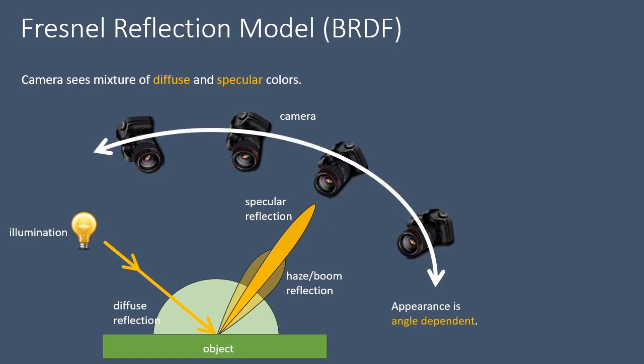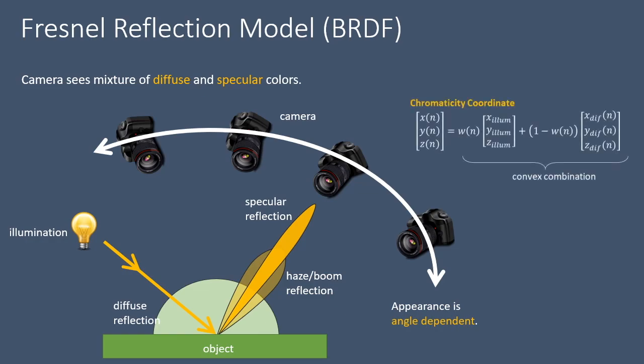Camera specular percipience depends on the angle of the camera, whereas diffuse is scattered all over and is not dependent on the camera angle. Color scientists like to analyze color in the chromaticity coordinates. In this representation, an observed color is a convex combination of the specular chromaticity coordinates and the diffuse chromaticity coordinates.